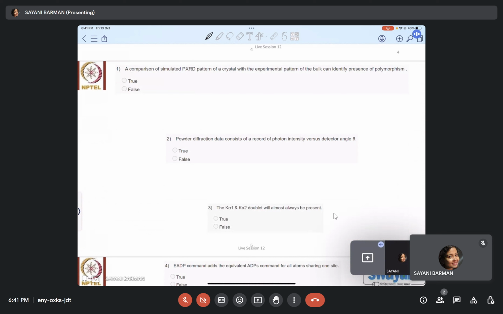The first one is: a comparison of the simulated PXRD pattern of a crystal with the experimental pattern of the bulk can identify the presence of polymorphism. What do you think? What will be the answer? So the answer is true.